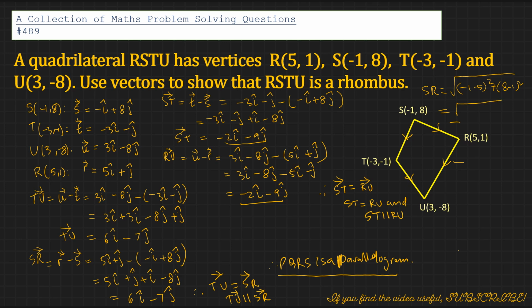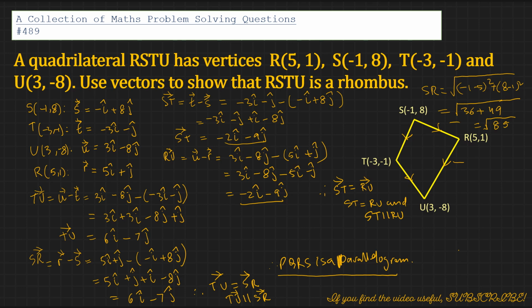That equals -6 squared, that's 36, plus 7 squared, that's 49, which is the square root of 85.